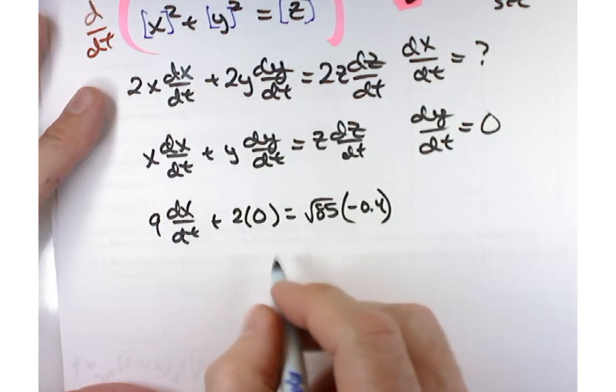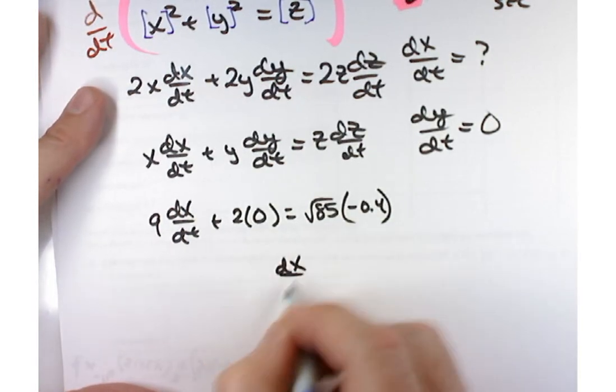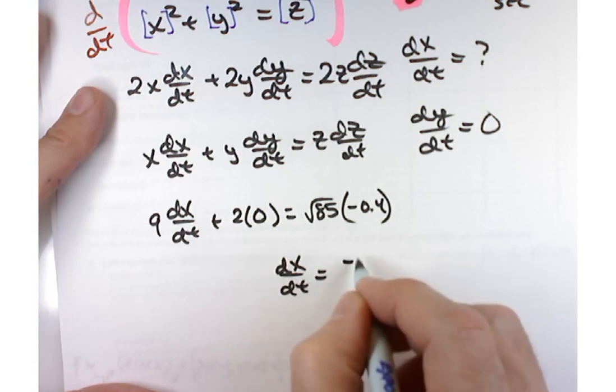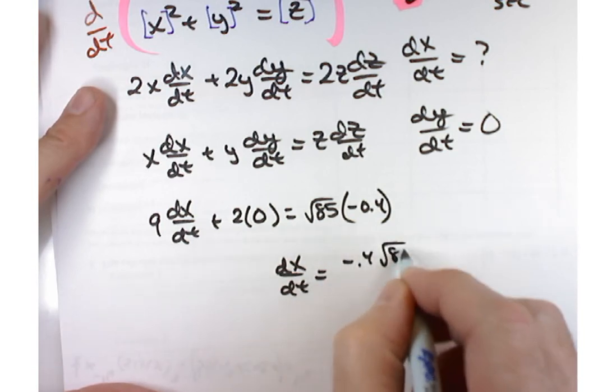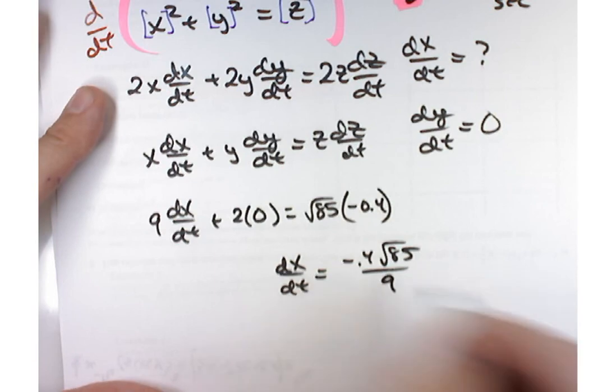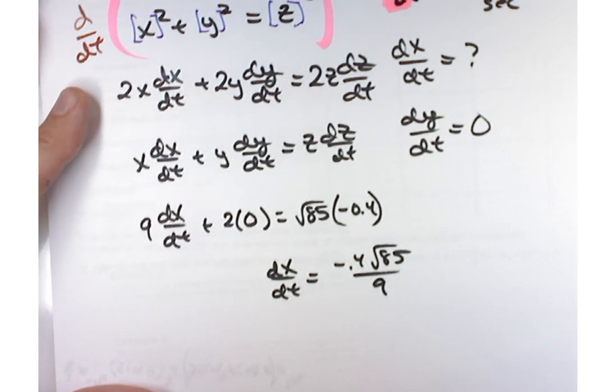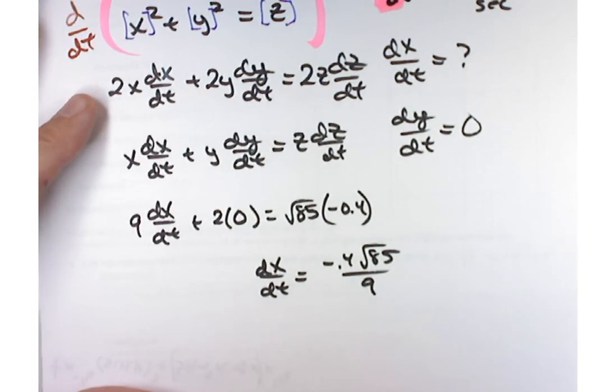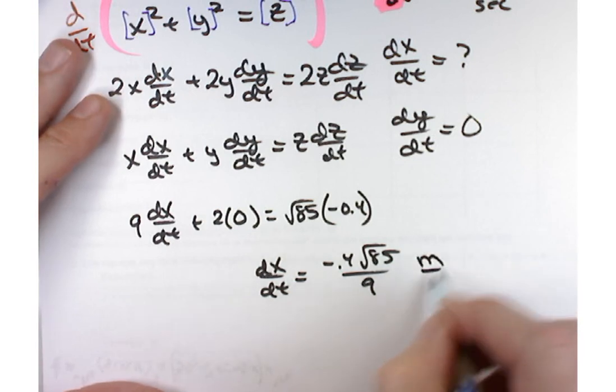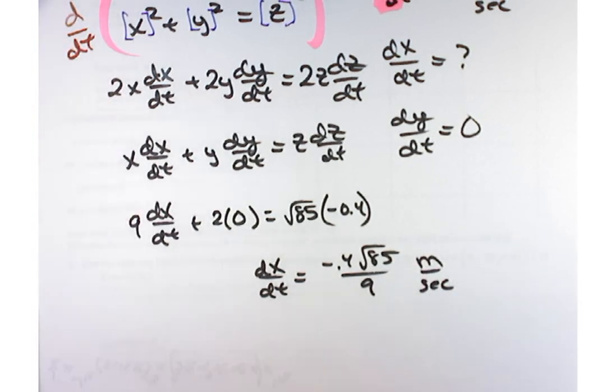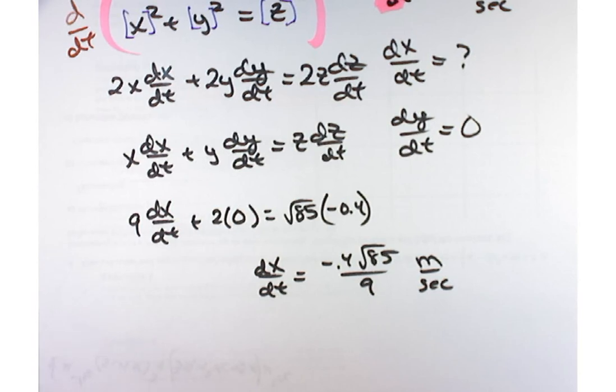And if we solve here, we're going to get dx by dt equals negative 0.4 times the square root of 85 over 9. And that's going to be in meters per second. You can come up with a decimal value if you need to from there, but that's an exact answer as far as it goes. Nice. The big thing to catch in this one is that dy by dt was 0.